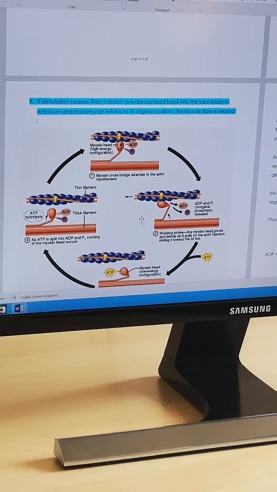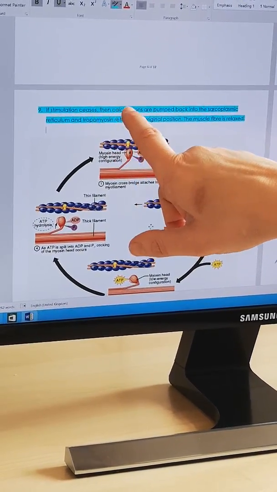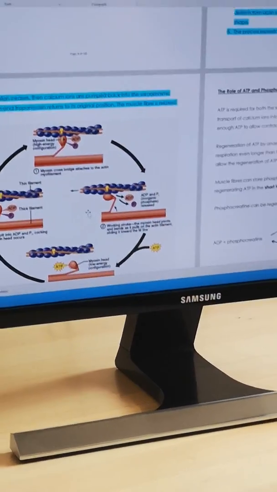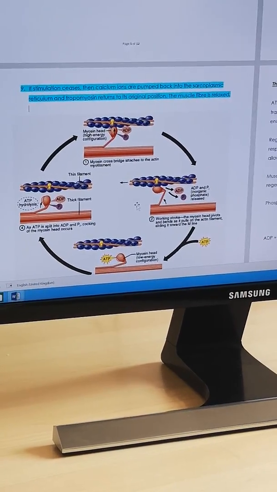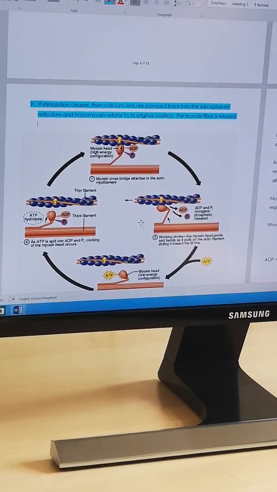But if it stops, then the cell pumps the calcium back into the sarcoplasmic reticulum, and the tropomyosin returns to its original position, and the muscle fibre relaxes, so all the filaments slide back into their original position.